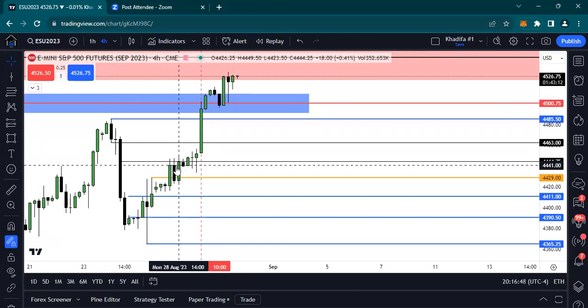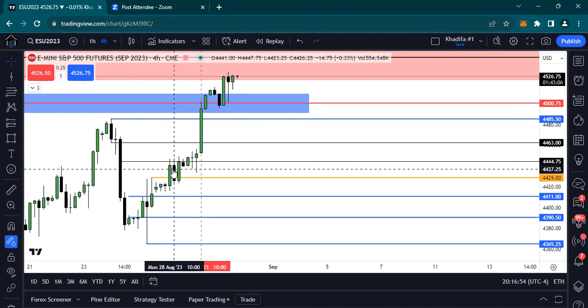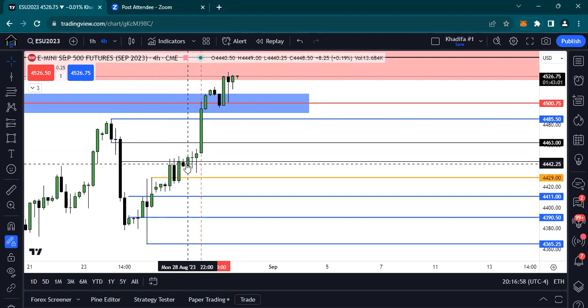So the confirmations that you would be looking for, right? Once we see Friday's buy side liquidity ran, we want to see this 62% level broken through aggressively as well, right? And so we see that break happen here, right?